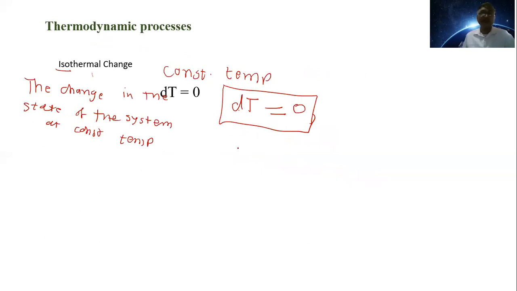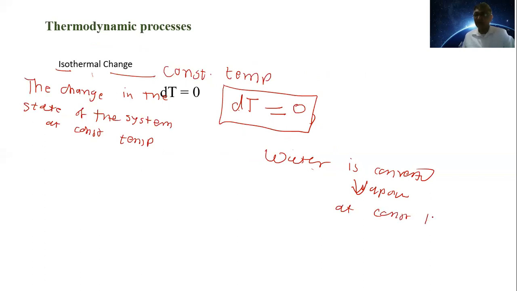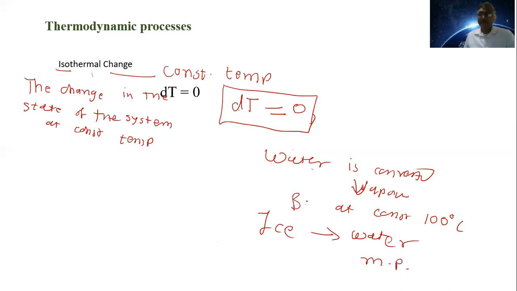And what example can we give for isothermal change? Isothermal change: water is converted into water vapor. Conversion into vapor happens, doesn't it? Water is converted into water vapor at constant temperature, about 100 degree centigrade. We know this. Or melting of ice: ice is converted into water at constant temperature. This we call the melting point. And here we call it the boiling point.